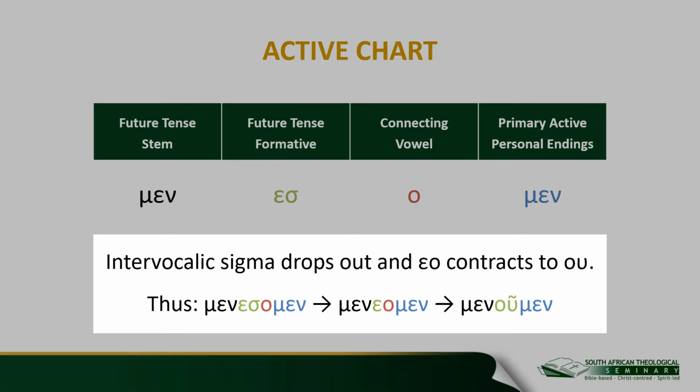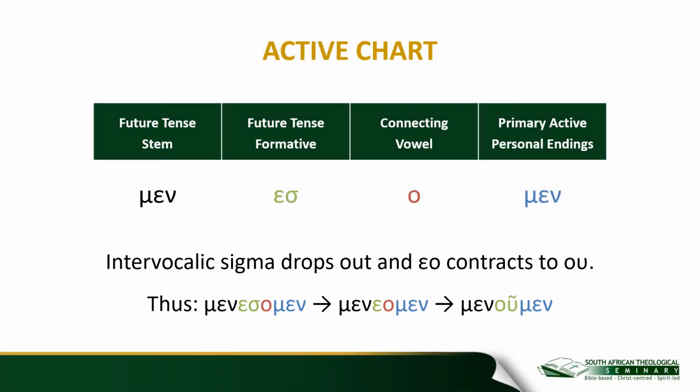In the example given, epsilon and omicron contract to form omicron upsilon. Thus we have menesomen, we lose the sigma, it becomes meneomen, and then it contracts to form menoumen. So the final form of the future would be menoumen, we will remain.